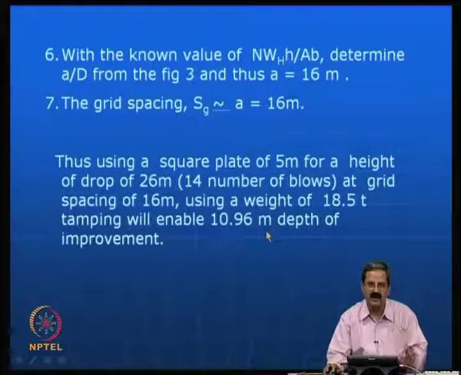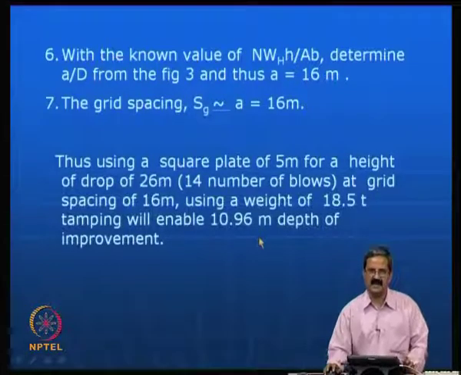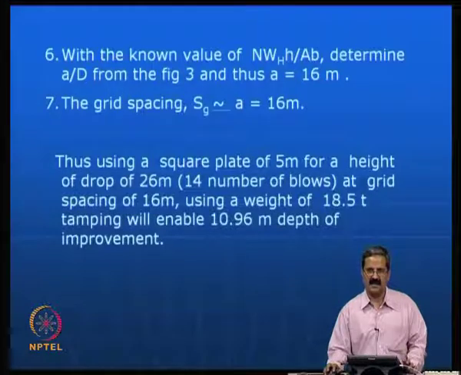Like you are able to now design, in some sense, using these two figures. With a known weight and the height of drop, you will know what exactly are the variables involved.